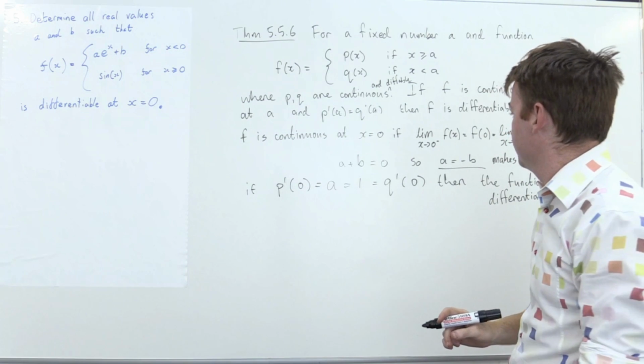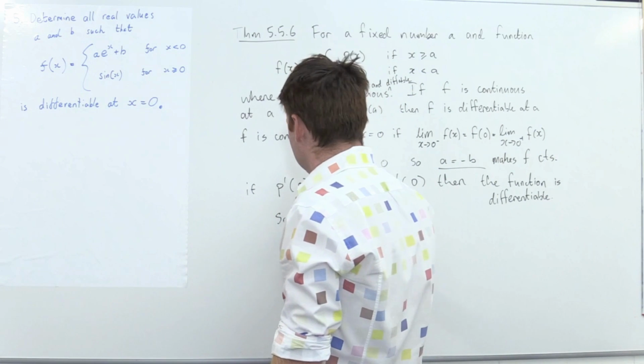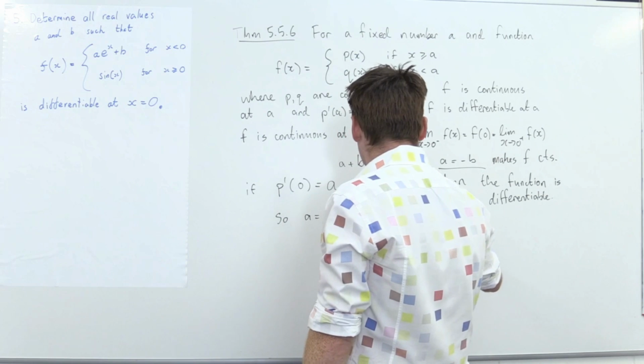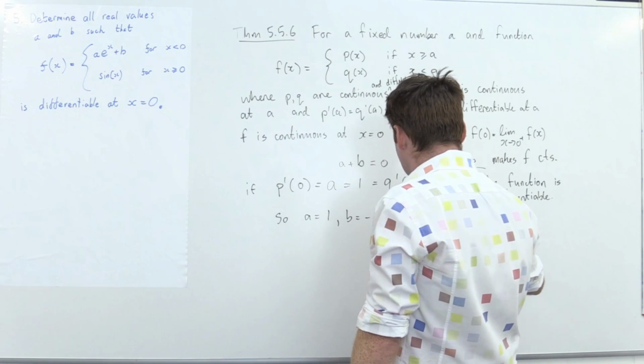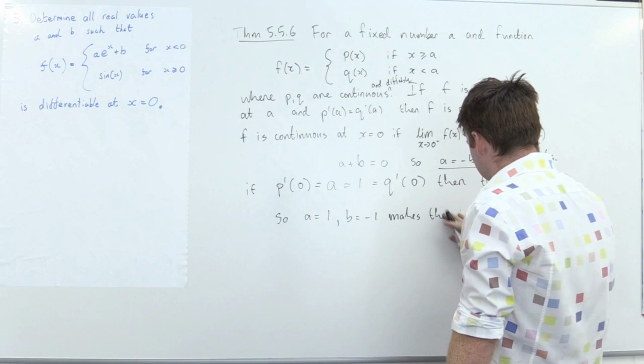Then the function is differentiable. So a equals 1 and b equals -1.